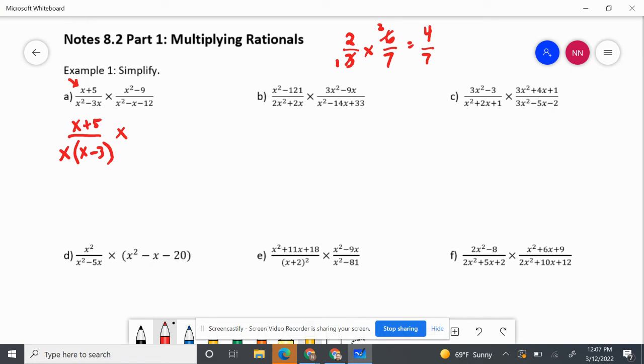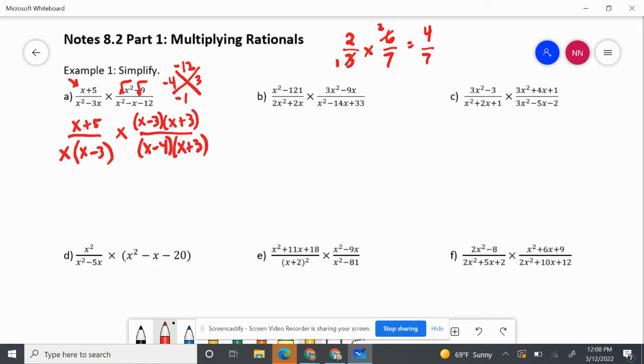Now for our second fraction, this is a special factoring pattern, so it would be x minus 3 and x plus 3. The denominator, it's a trinomial, so we're going to use the x method, two numbers that multiply together to give us negative 12 and add up to negative 1, that would be negative 4 and 3, so we have x minus 4 and x plus 3.